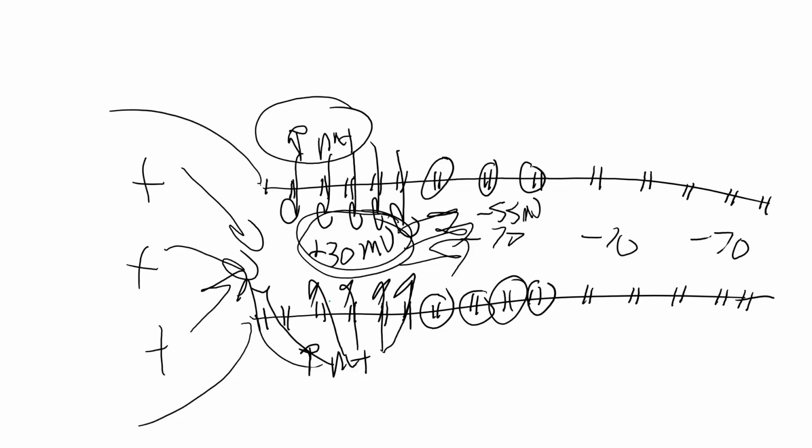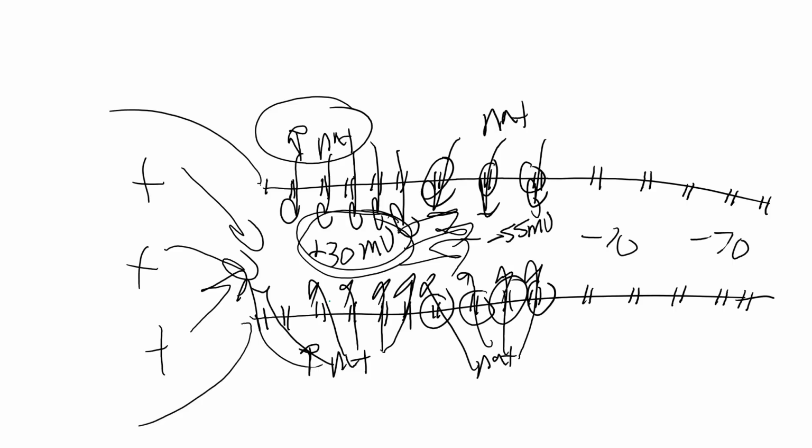And sodium is going to follow both its chemical and electrical driving forces, and it's going to enter into the interior of the axon, right? Sodium is going to move from the interstitial fluid into the intracellular fluid of the axon, and it's going to depolarize the interior of the axon all the way up to positive 30 millivolts.